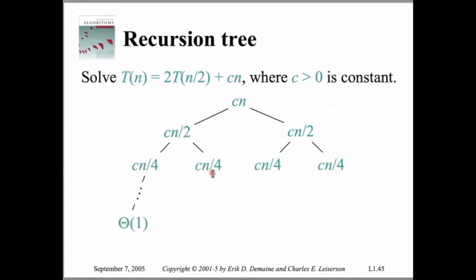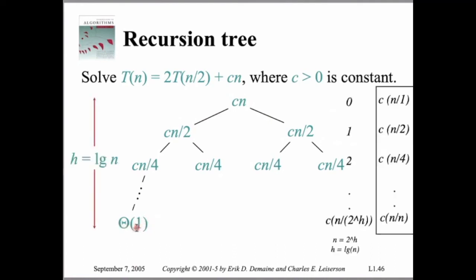And so on, hanggang sa makarating tayo sa base case na ang nasa babang denominator is actually equal to n. Okay? So, kapag c times n over n, we have only c or something that is in theta 1 or constant time.